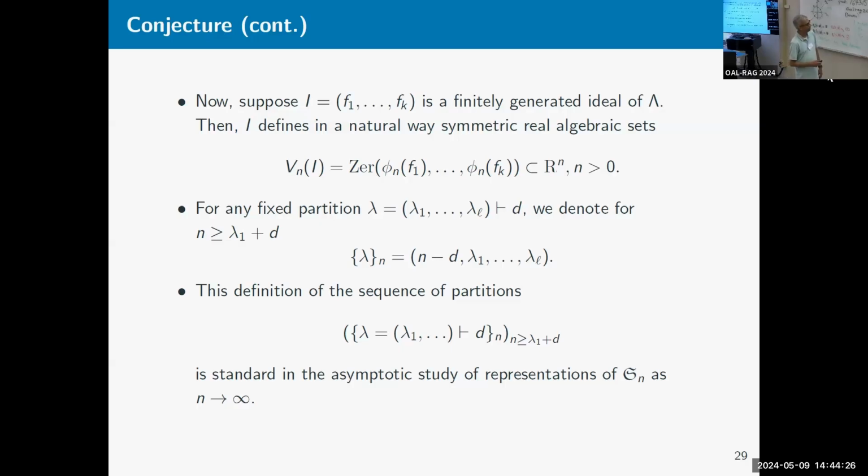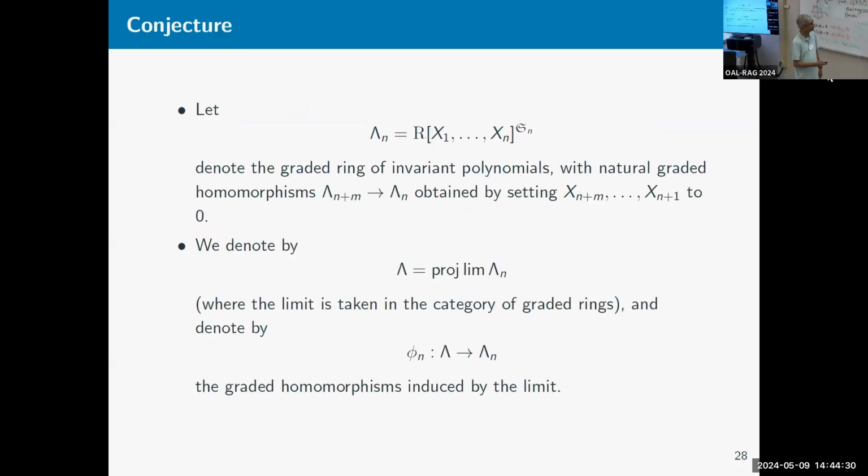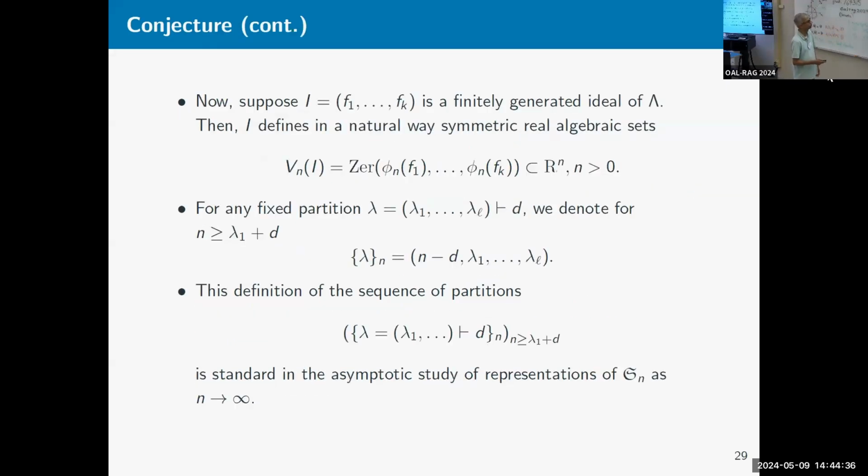So then this ideal defines, for every n, via the limit map, actual symmetric polynomials in n variables, right? So you get a symmetric real algebraic set in R^n.